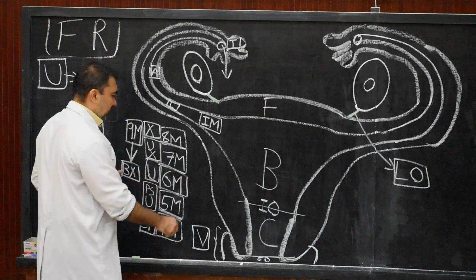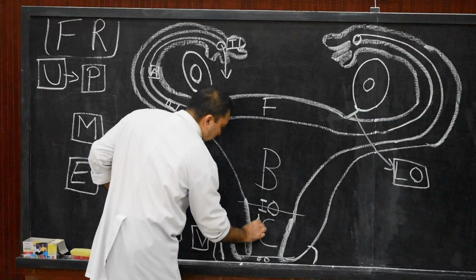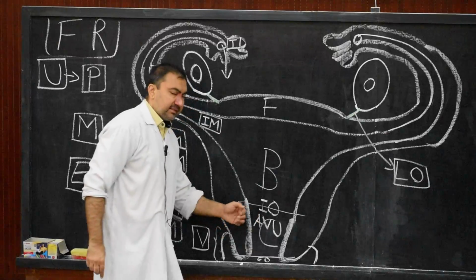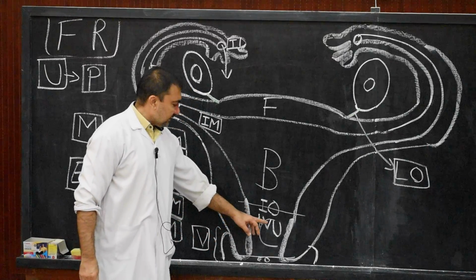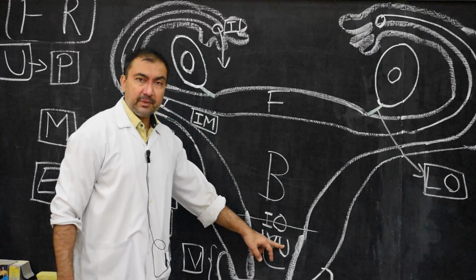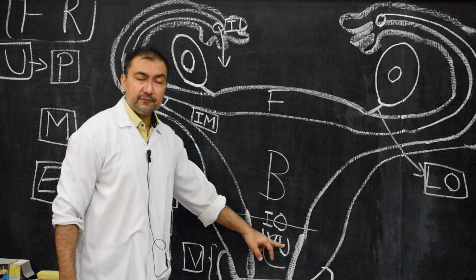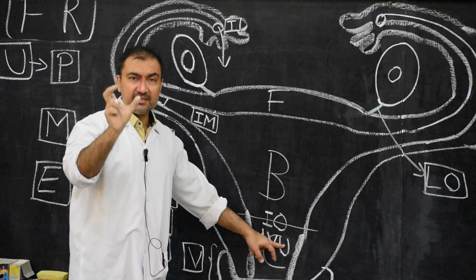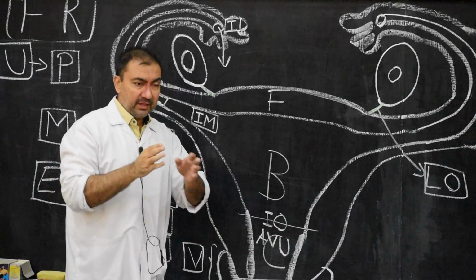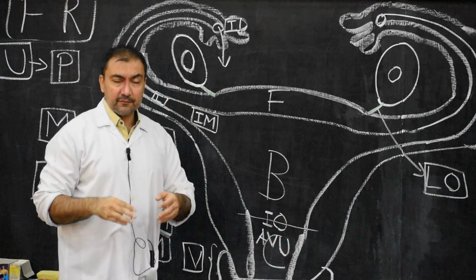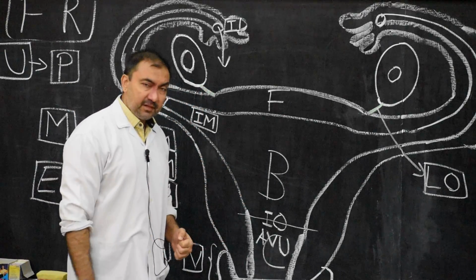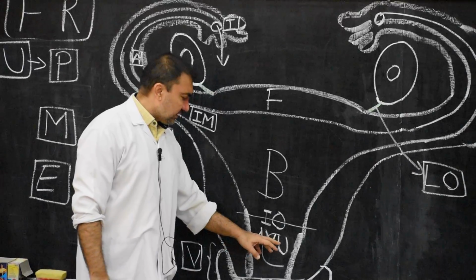Here I will write down, arbor vitae uteri. If you are asked in a 1 mark question, what is arbor vitae uteri? They are nothing but the branching pattern of trees seen in the mucosal ridges within the cervix, going in the lateral direction, from below upwards laterally, and they resemble the branching pattern of trees, and therefore they are called arbor vitae uteri.